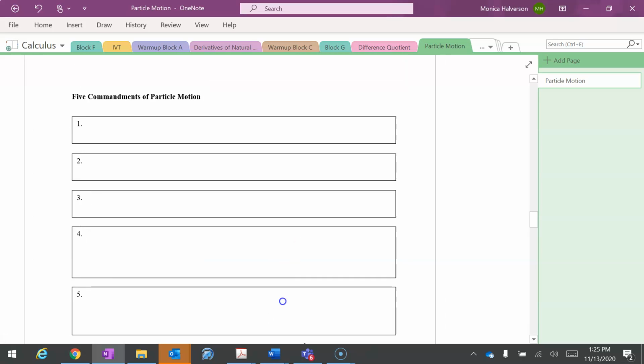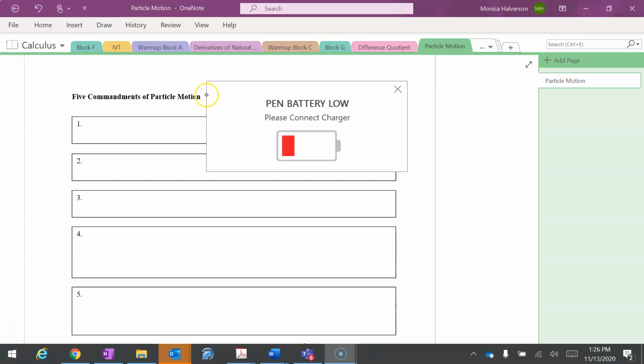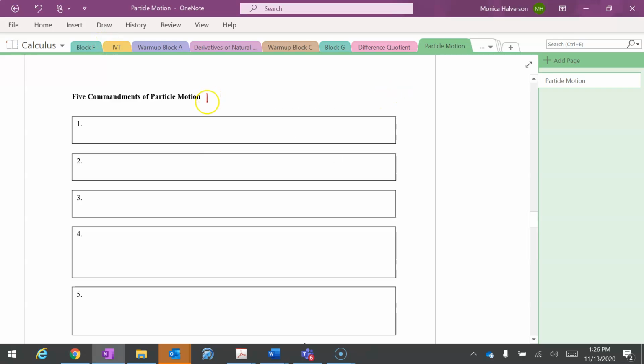So the first commandment, and this is in reference to particles moving along the x-axis: if your velocity is positive, the particle is moving right.